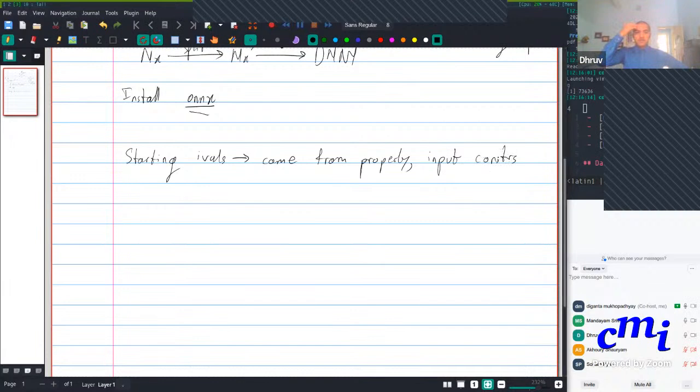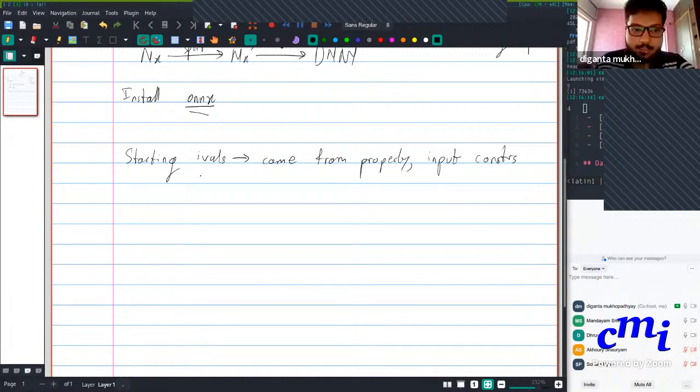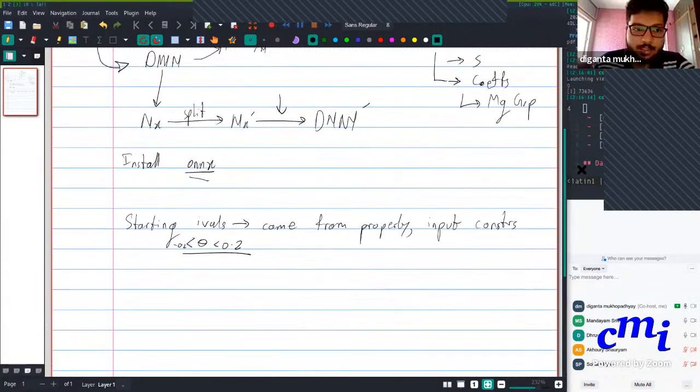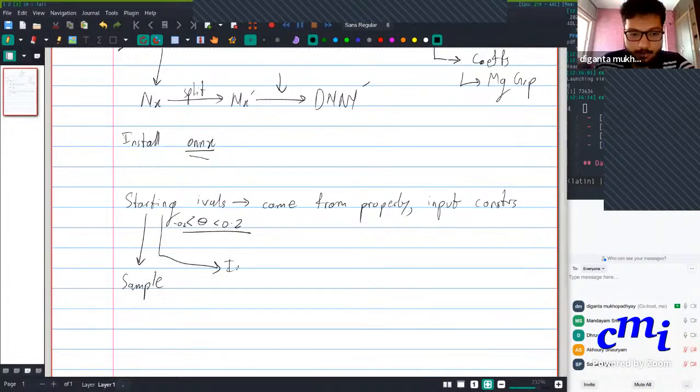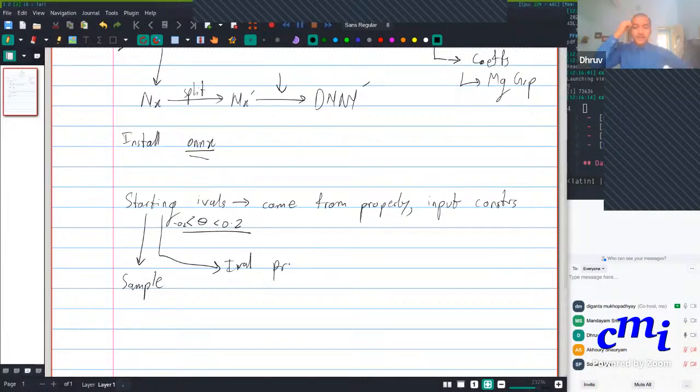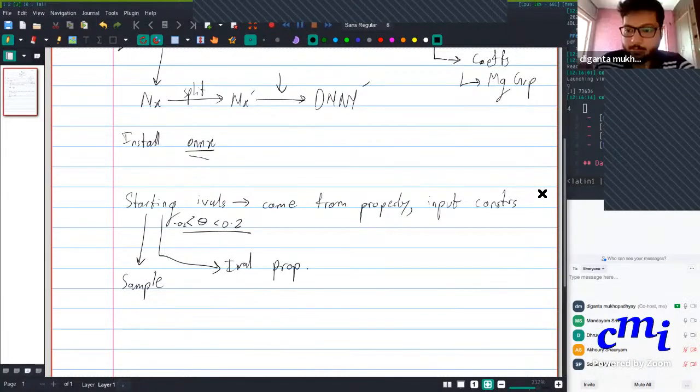So for example, if your constraint says that theta is between minus 0.2 and 0.2, then this is your starting interval. Same thing when you're doing the sampling for the simulation. You use the same starting interval to sample, and also the same starting interval for interval propagation. Okay, so starting intervals come from the property.